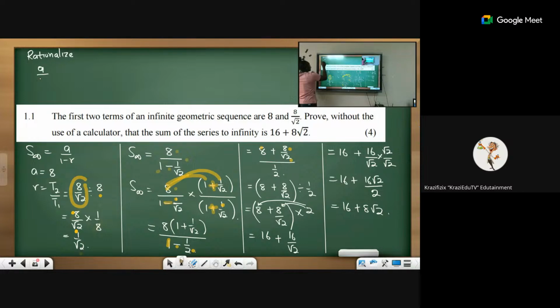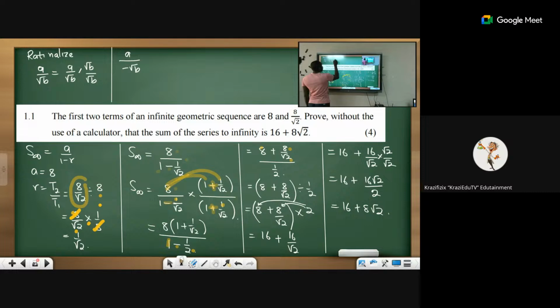A over root of B should be simplified as A over root B times root B over root B if you have one term. If you have two terms, A over 1 minus root B, or don't let me use 1 because it could be any number.